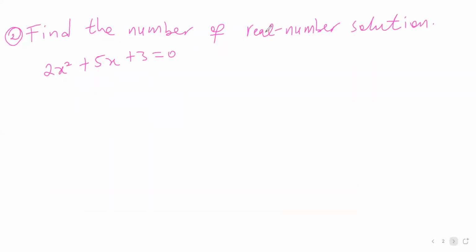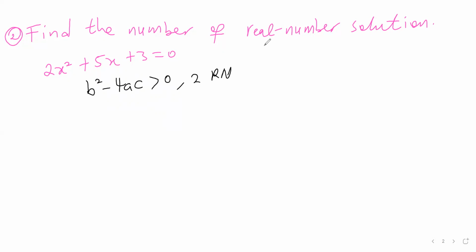Now, find the number of real number solutions. To determine the number of real number solutions for a quadratic equation, you have to use b squared minus 4ac. If it's greater than 0, then we have two real number solutions.